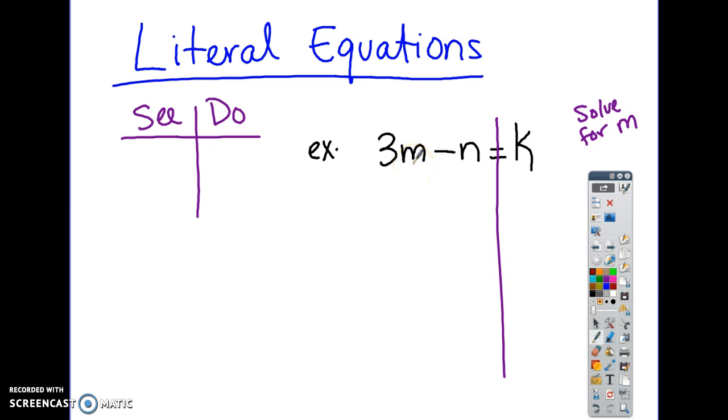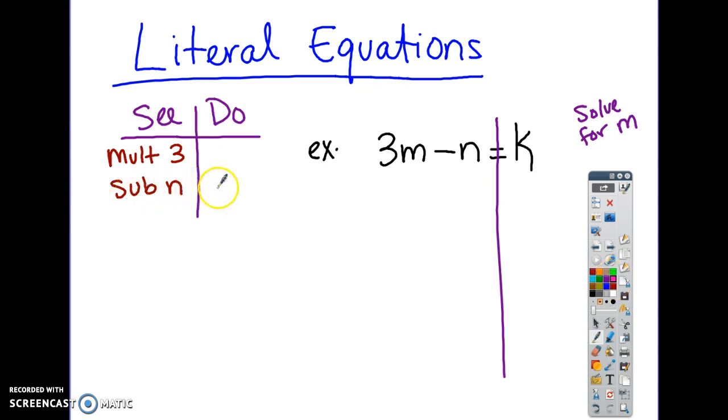What is the m doing? It's multiplying by 3, and then they're subtracting n. So once you write down those steps, the rest of the stuff is pretty easy.